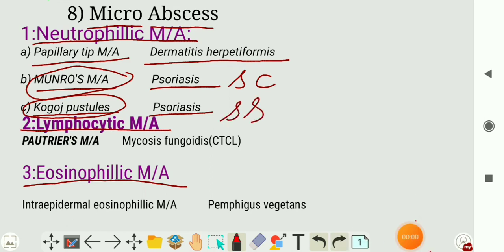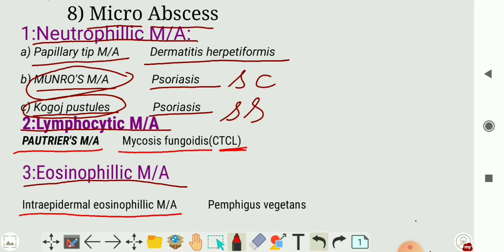The example of lymphocytic microabscess is Pautrier microabscess, which is seen in mycosis fungoides, and mycosis fungoides is a cutaneous T-cell lymphoma. The example of eosinophilic microabscess is intraepidermal eosinophilic microabscess, which is seen in pemphigus vegetans.